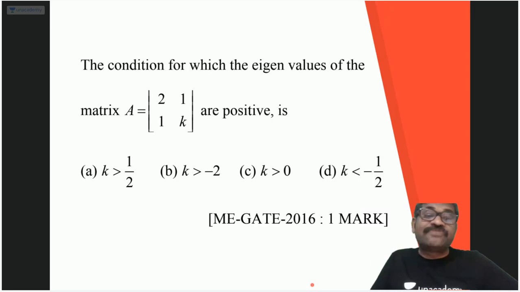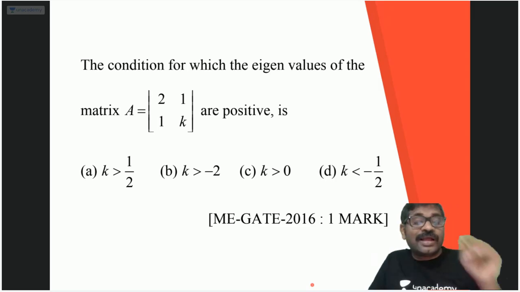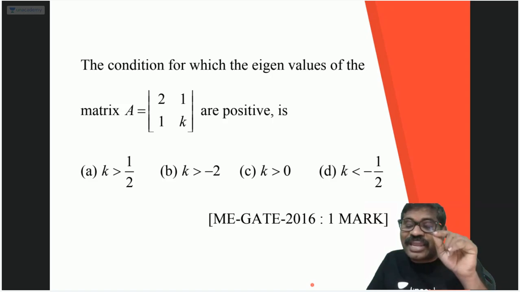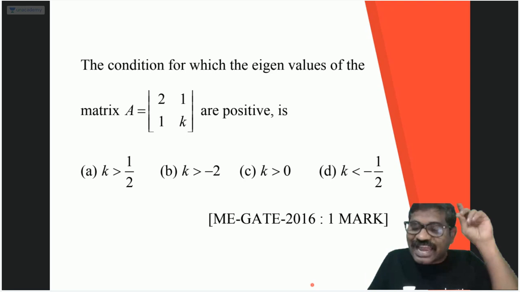The condition for which eigenvalues of matrix A are positive. Observe. Is there any condition for which eigenvalues of a matrix are positive? We have only one. If all the leading minors of a symmetric matrix are positive, then compulsorily its eigenvalues are positive.